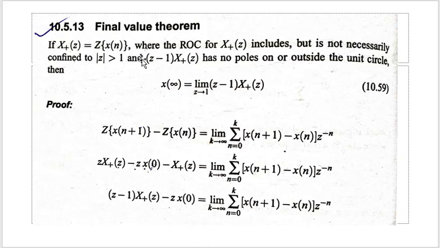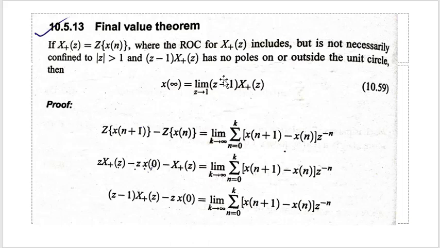What is that? z minus 1 times x plus of z should have no poles on or outside the unit circle. The unit circle is nothing but mod z equal to 1, so there should be no poles on or outside it. Then the final value can be represented as x of infinite equal to limit z tends to 1 of z minus 1 times x plus of z.